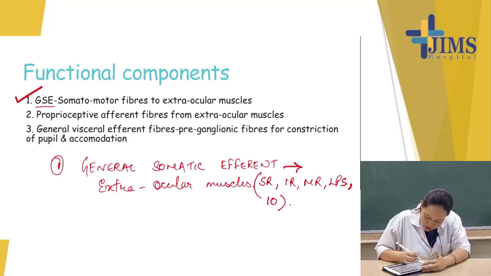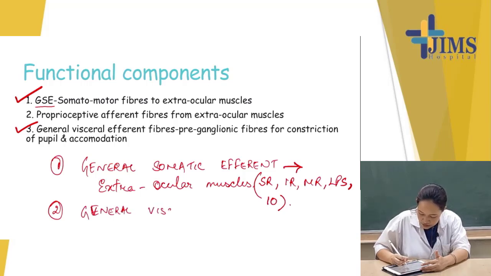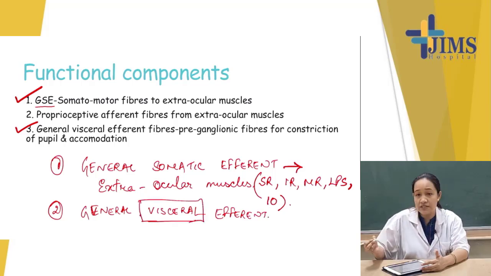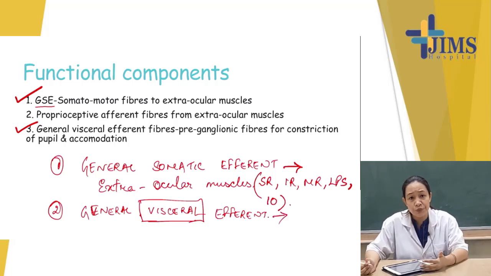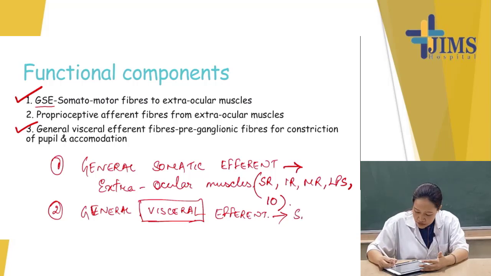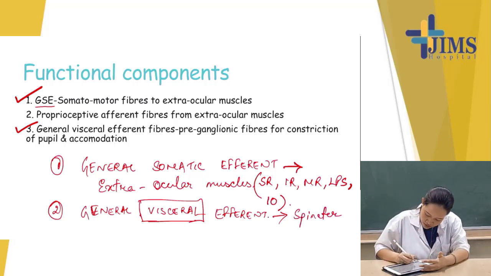Secondly, we have general visceral efferent. So what do you mean by general visceral efferent? Please remember the word visceral, that means the smooth muscles. Here the smooth muscles are the sphincter pupillae and the ciliaris muscle.